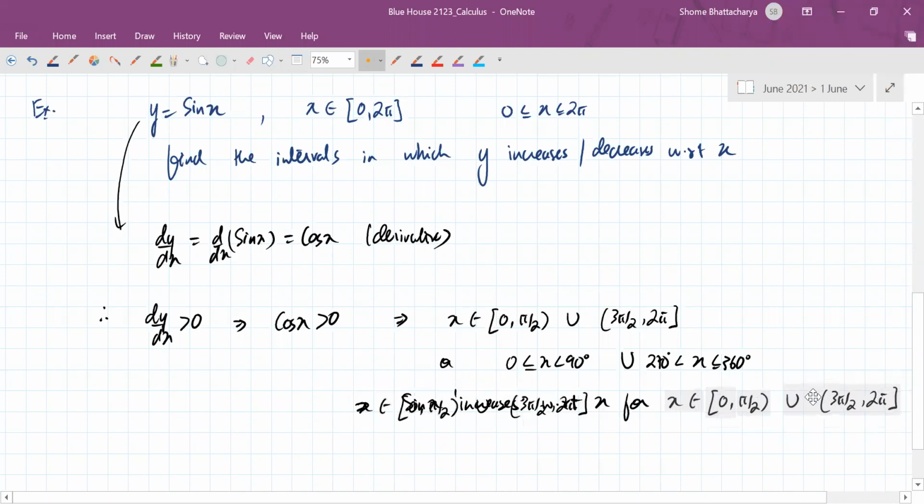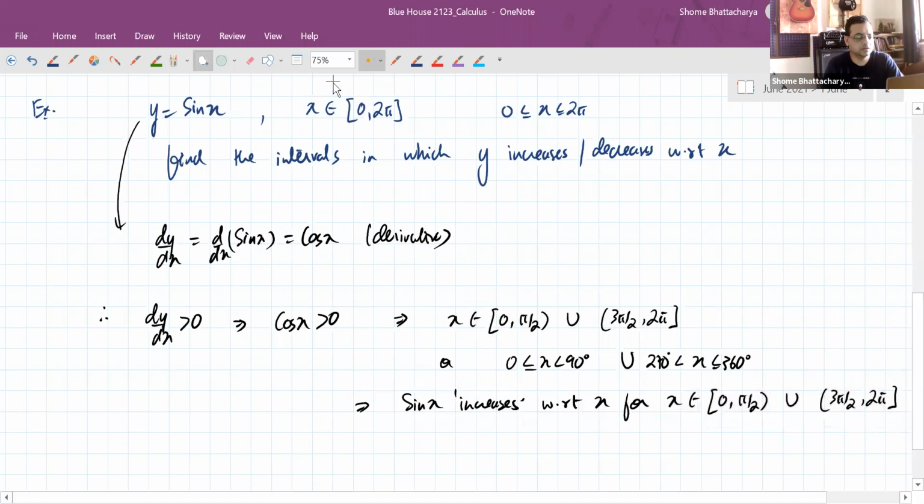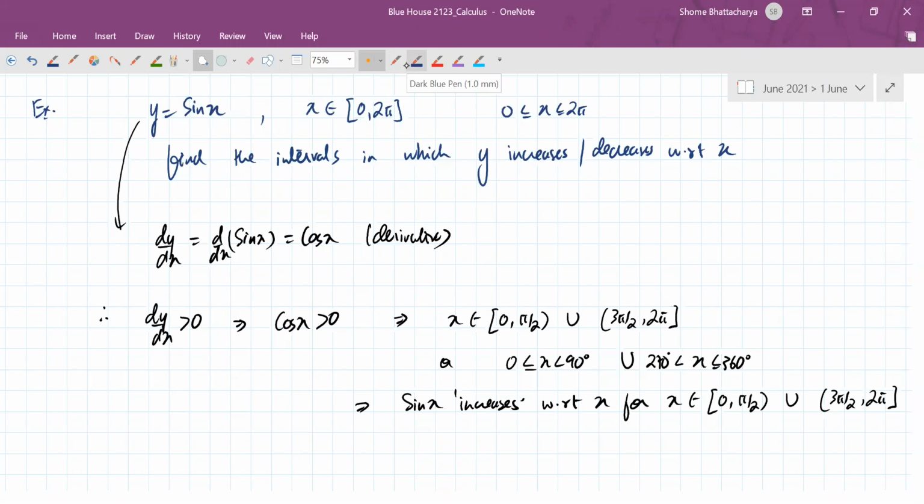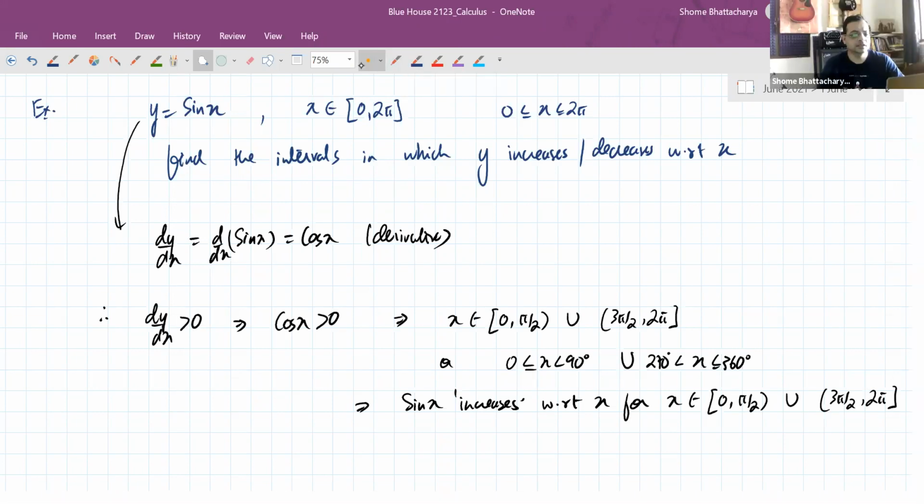So why did you put 3 pi by 2 there? Because 3 pi by 2 to 2 pi is the fourth quadrant. So in the fourth quadrant, what is the value of cos? Positive. Remember the ASTC rule? So for example, cos of 300 is equal to plus cos 60, which is half.